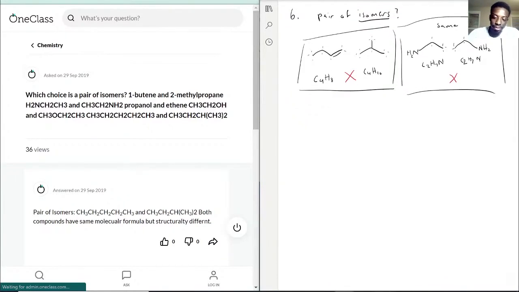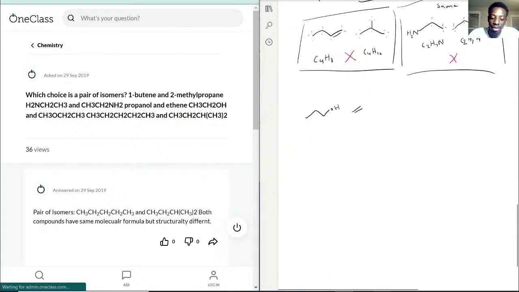Now we have CH3O, so it looks like this. Oh no, I skipped one: propanol and ethene. You can already see that they're quite different.